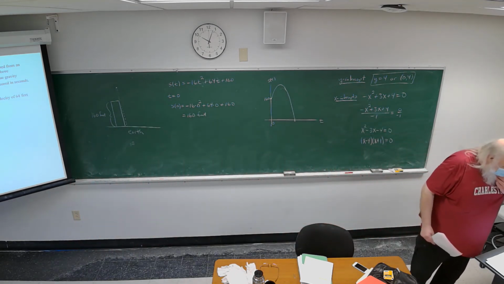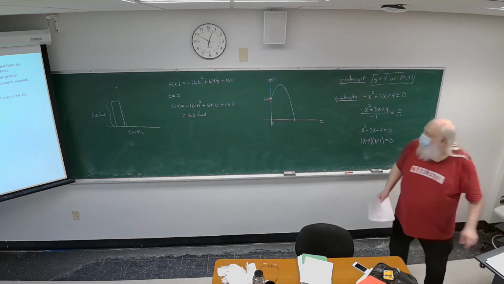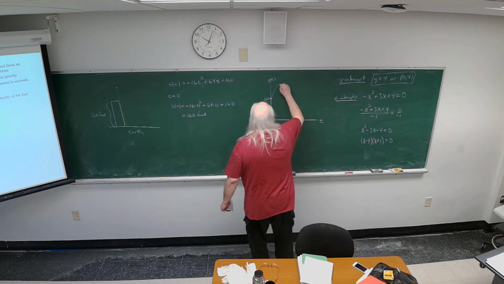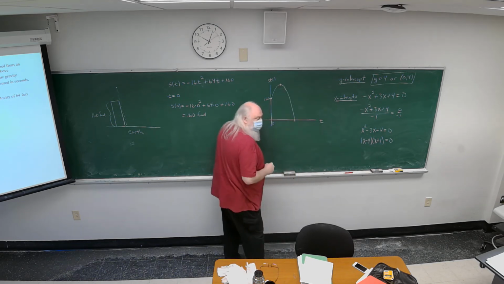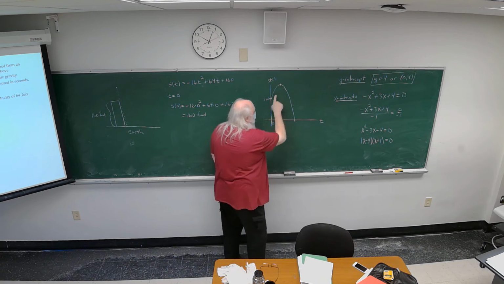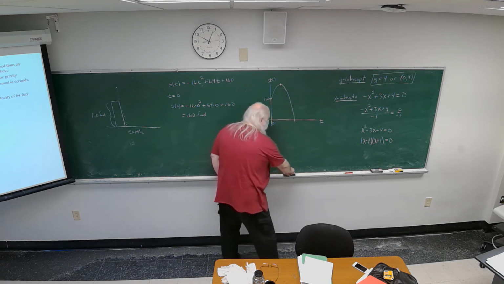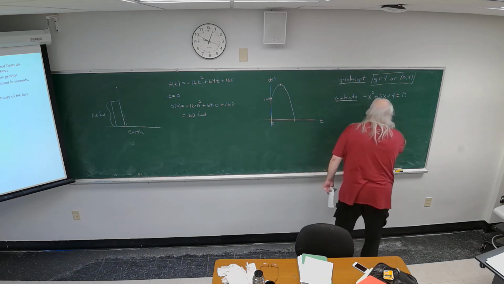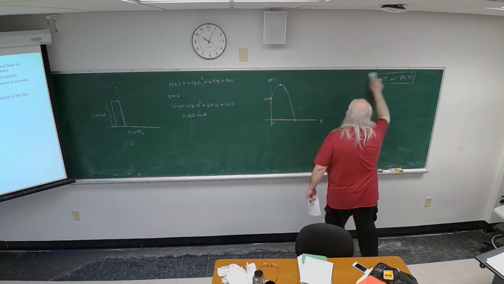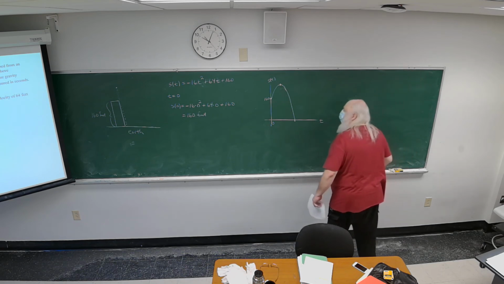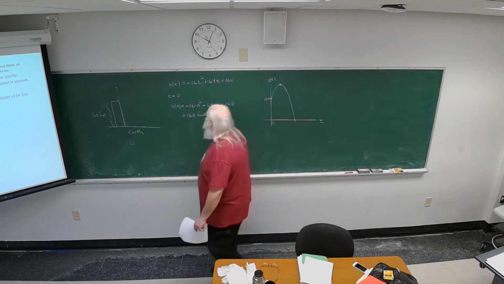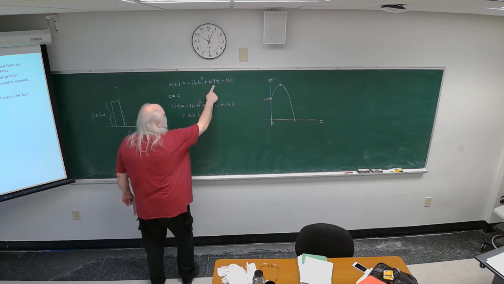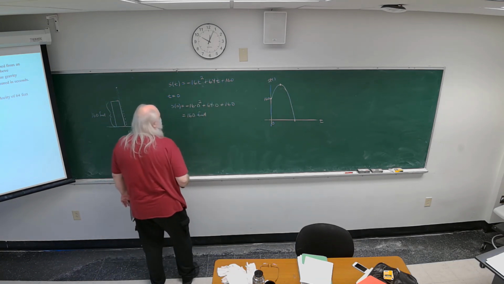So in part A, you're asked, when did it reach its maximum height? Well, its maximum height is at the vertex. This is the vertex of the quadratic function. So we have to calculate k, which gives us the maximum value of the parabola. S of t is equal to minus 16t squared plus 64t plus 160.